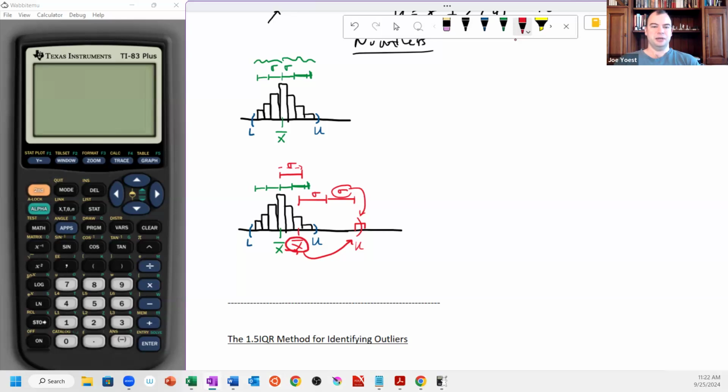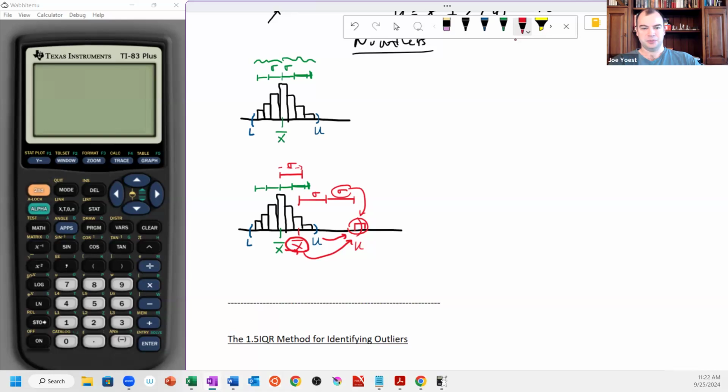Not just because the overall data is more spread out, but just that one outlier pushes my standard deviation up, makes the interval from L to U much wider. And if I have skewedness, if I have outliers more on one side, my X bar is chasing the outliers. So when I have an outlier on one side, my upper bound on the right side is going to actually chase that outlier.